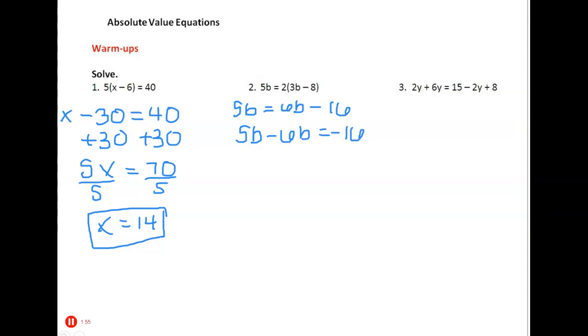Subtract over your 6b. Divide by -1. And we get b equals 16.